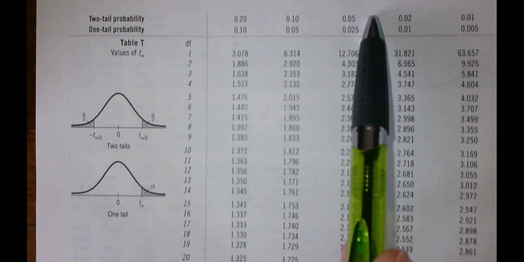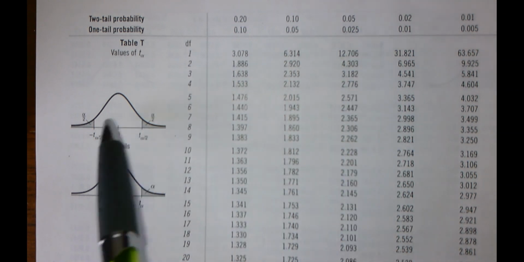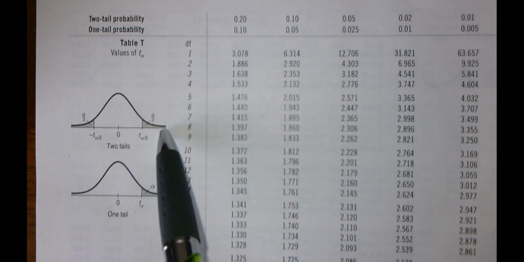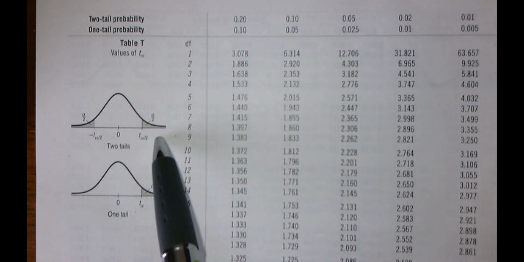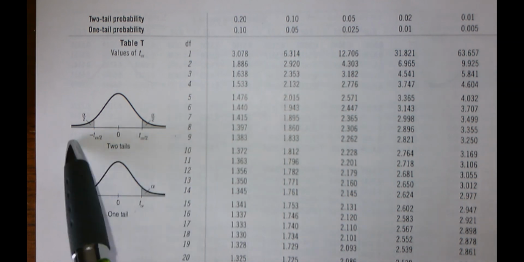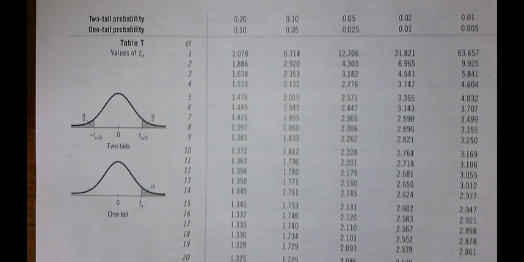The 0.05 is the area between the two tails, and then half of that area, 0.025, is in the one tail here. So because we're doing a 95% confidence interval, there should be an area of 0.05 between the two tails.